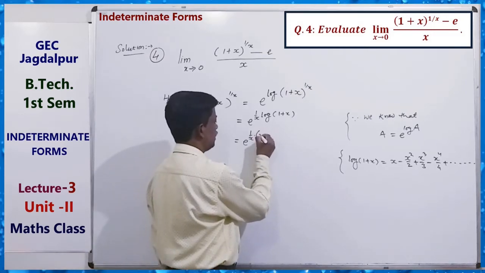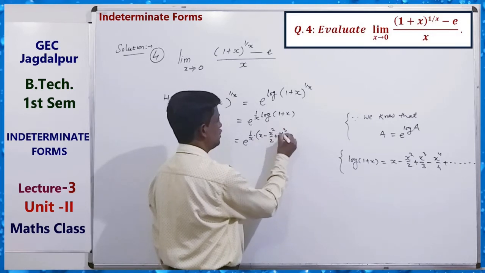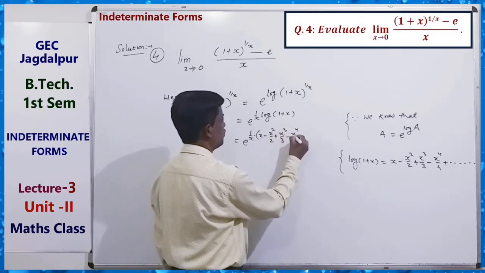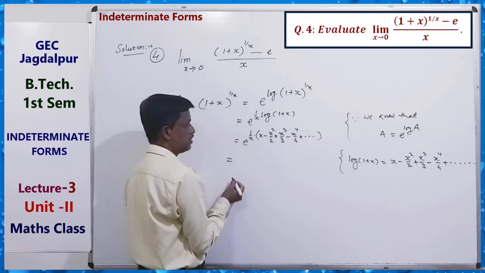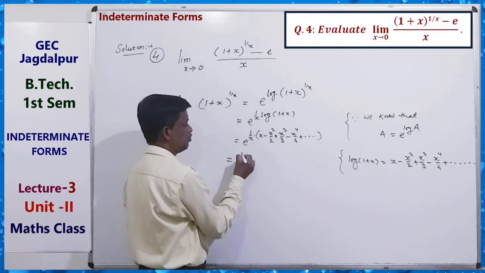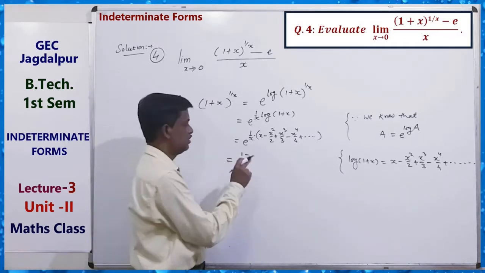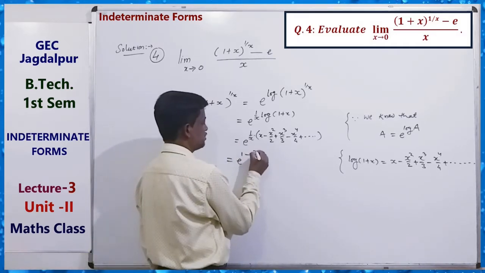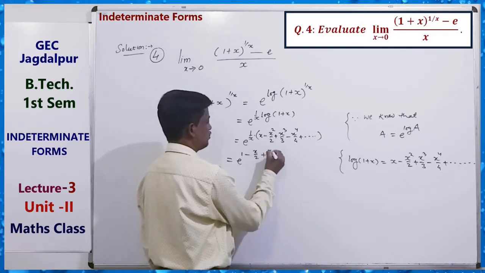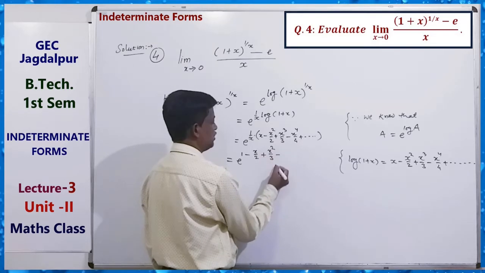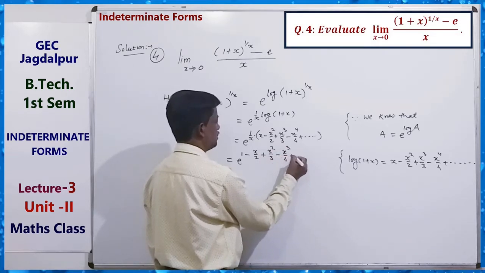Just use this expression here: x minus x square by 2 plus x cube by 3 minus x power 4 by 4 plus and so on. We can write e to the power, multiplying 1 by x inside, 1 minus x by 2 plus x square by 3 minus x cube by 4 plus and so on.